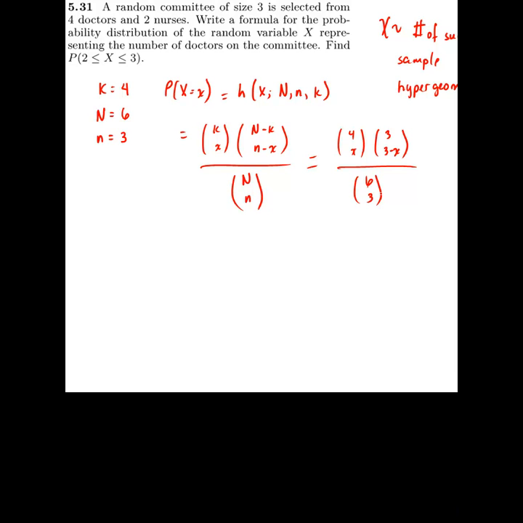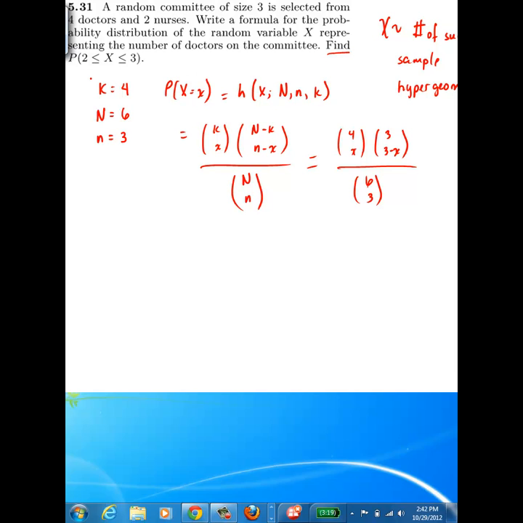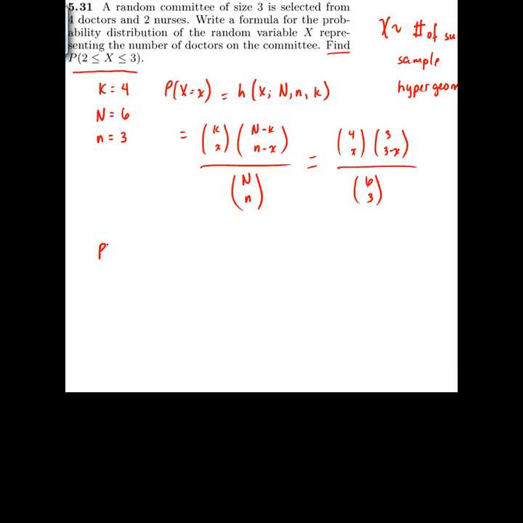Now, part B is to find the probability of x being within 2 and 3. So, how would you solve this? For the hypergeometric, I believe we don't have a table. Yes?